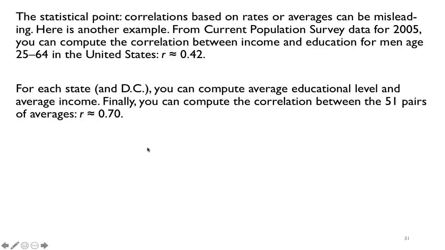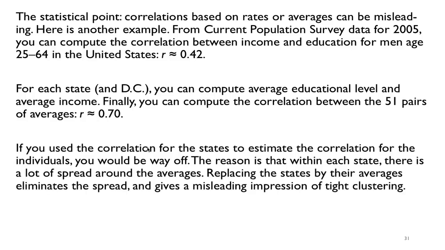So we have to be careful that we don't look at the correlation of the averages, because that can be misleading, as this example shows. The reason is that within each state there's a lot of spread around the averages, but by replacing the whole state with one number, the average, we eliminate the spread and lose that information, so our correlation coefficient can be misleading.